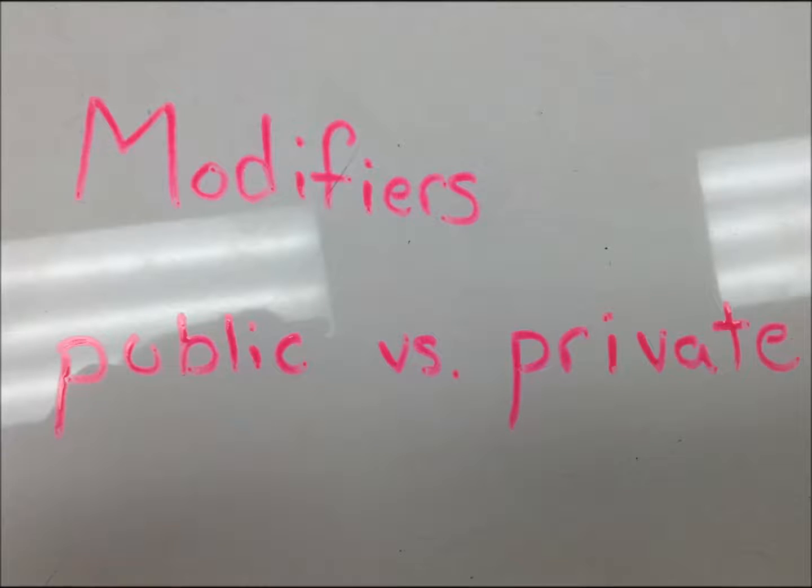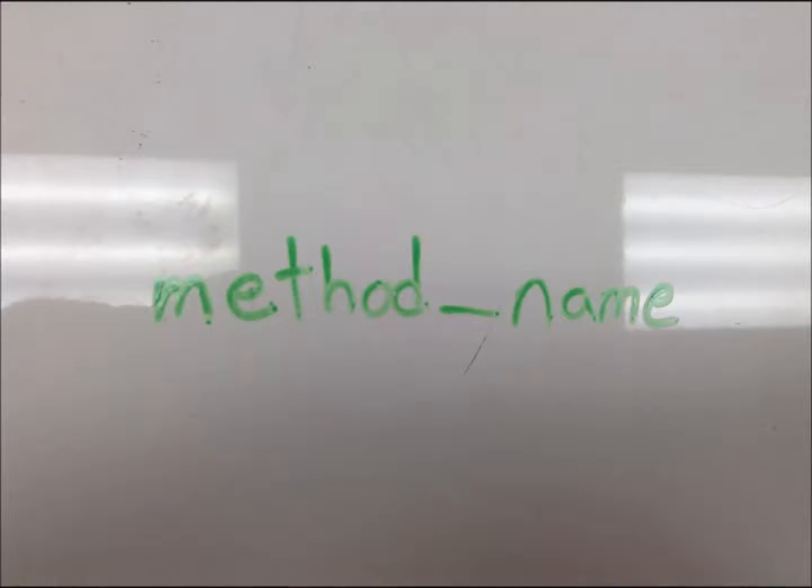Most classes will contain methods to define a class's behavior. A method has the following general syntax. Modifiers. Modifiers refer to a sequence of terms designating different kinds of access to the method using public or private. Method name.